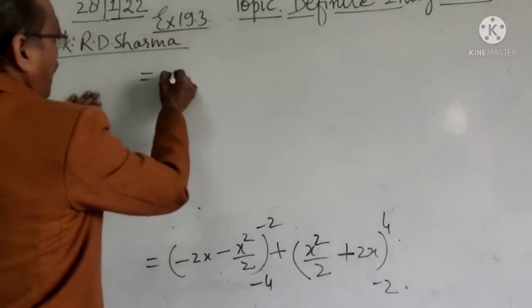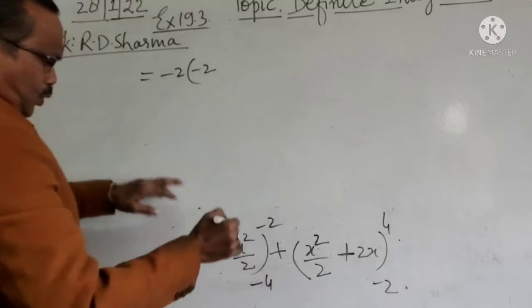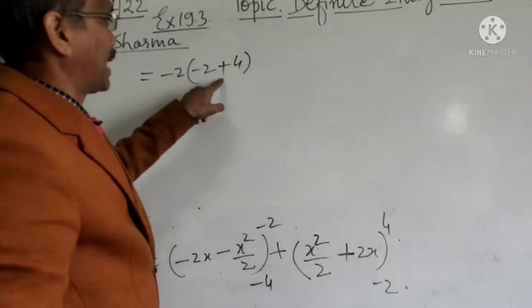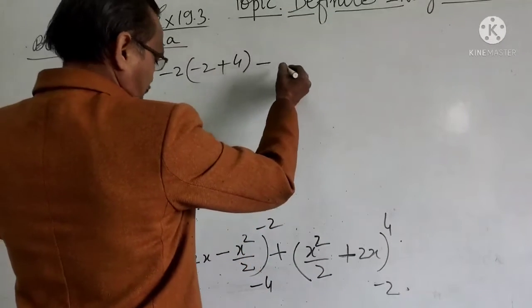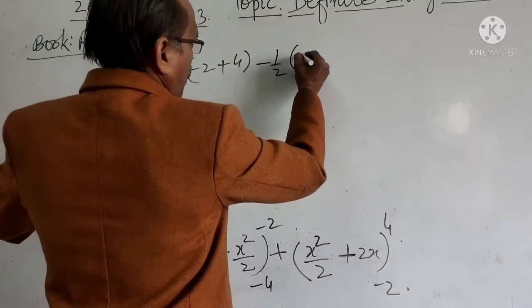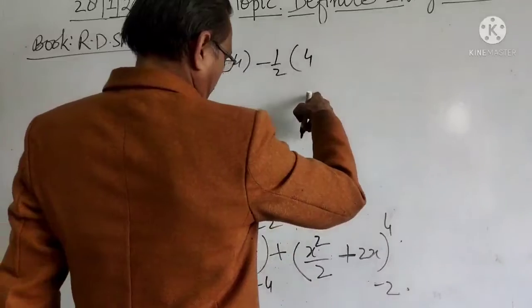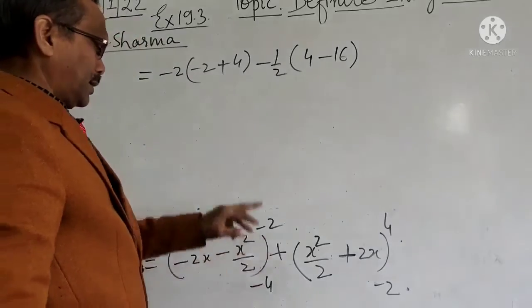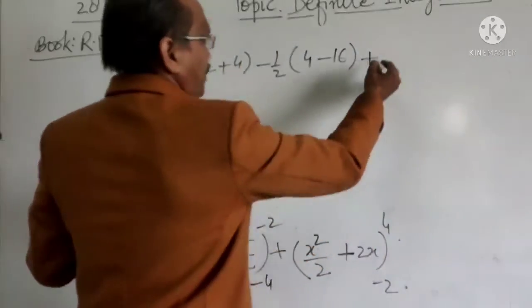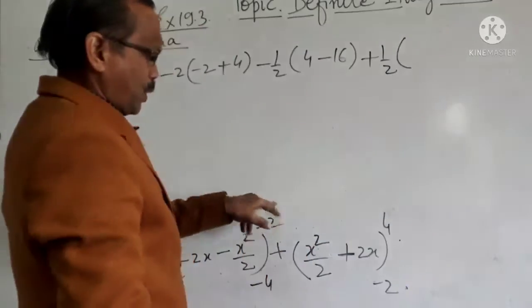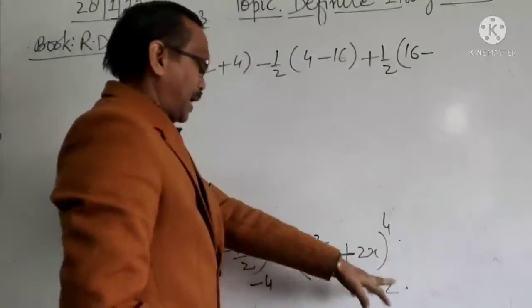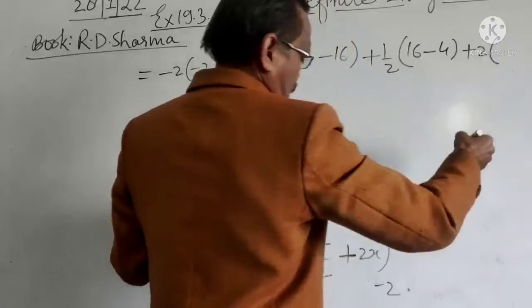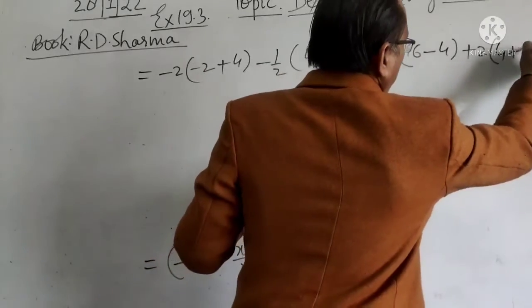Dear student, now it is minus 2 square upon 2, minus 2 into minus 2, so it becomes plus 4, minus 4 square upon 2, then minus 2 into minus 4, plus 1 by 2, 4 square is 16 minus 2 square is 4, plus 2 into 4 minus 2, so it is plus 2 into 6.